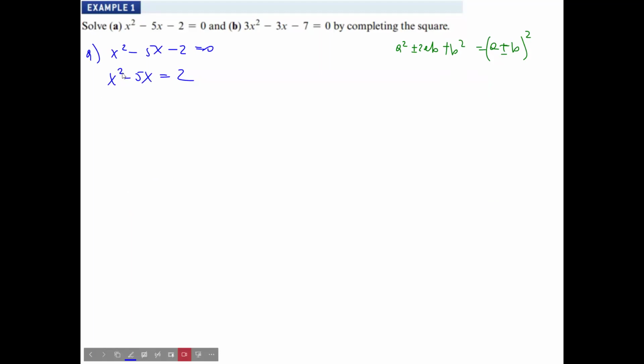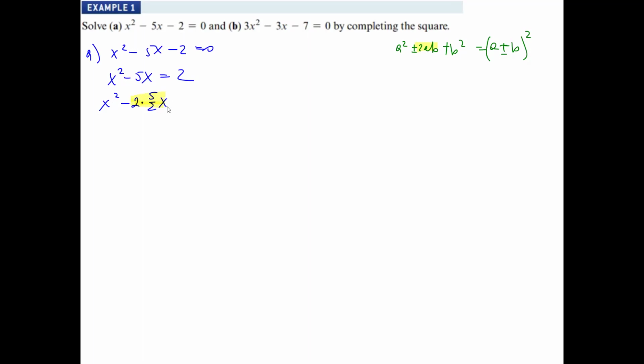Now I concentrate on my left side. x squared minus what I have, 2 times 5 over 2 x. Yes, I need the double product. So now, let me highlight 2ab.